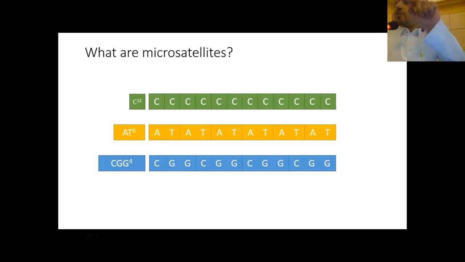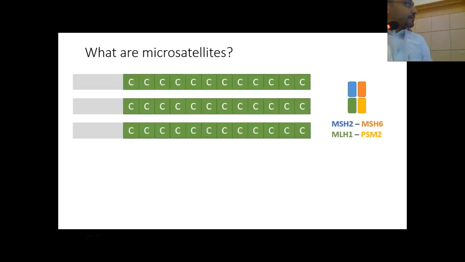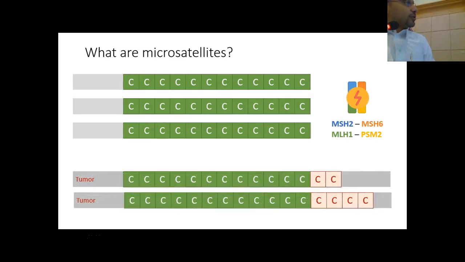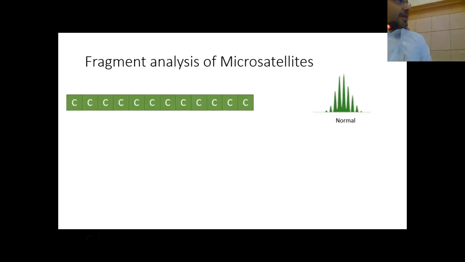Normally, it will fix it, but when it's mutated, this is where we see the difference. When it's working, it will always copy the same number. When one of them is mutated or absent, then we will start to notice this phenomenon where we have additional Cs.